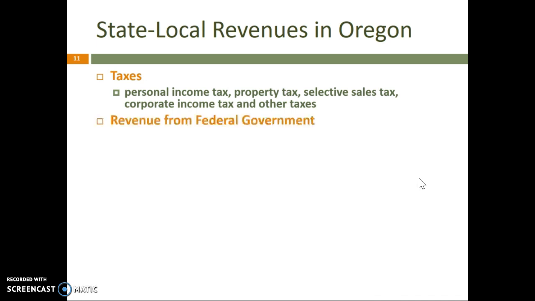There is also another very large source of revenue that you'll see, especially when you look at the spreadsheets that detail the revenues and expenditures of Oregon and other states in your problem set. You'll find that there is such a thing called intergovernmental revenue. Generally, the largest source of it is the federal government, especially at the state level.